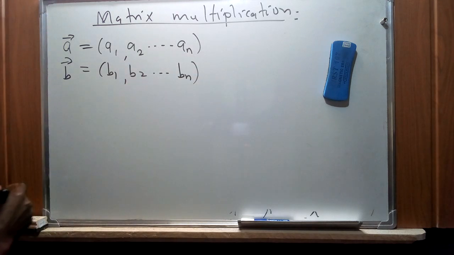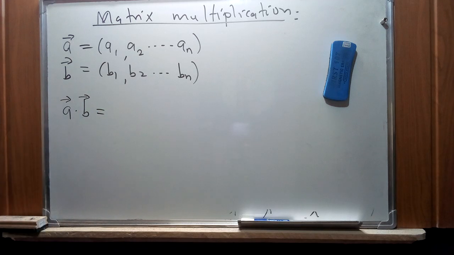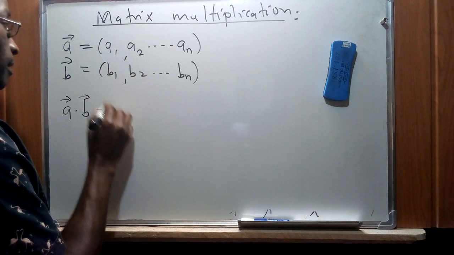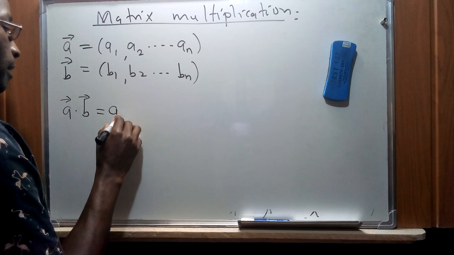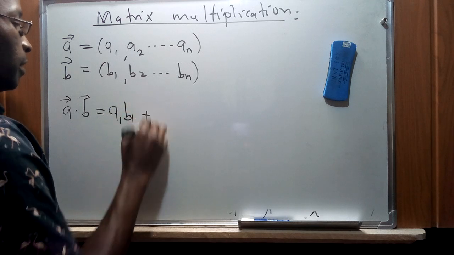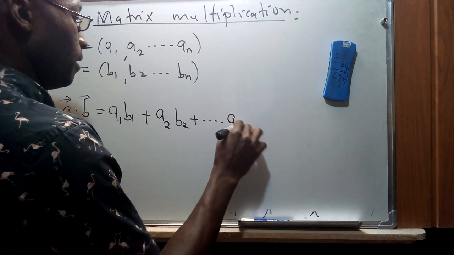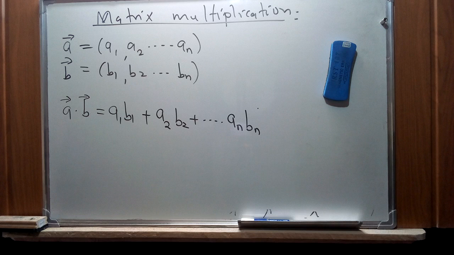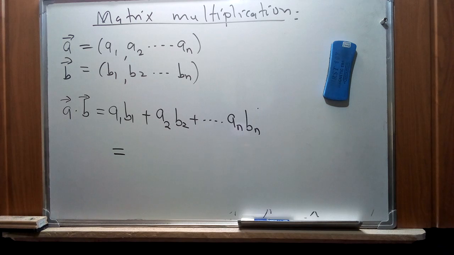Therefore, the dot product is a1 b1 plus a2 b2 plus up to an bn. This is the general formula we use to find the scalar product, or dot product, of these vectors.